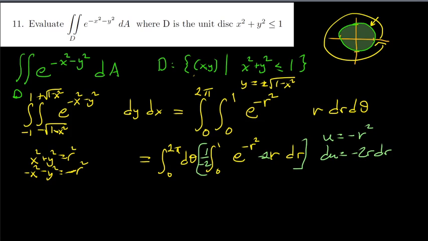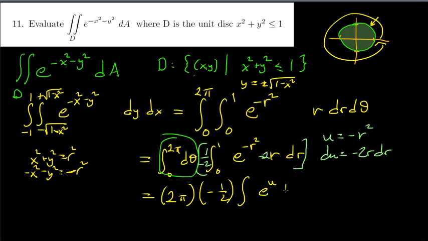So the first integral here from 0 to 2 pi of d theta, that's just 2 pi. That's trivial. So we have the negative 1/2, and then we're going to integrate e to the u du. But if r is 0, u is 0, and if r is 1, u is negative 1.